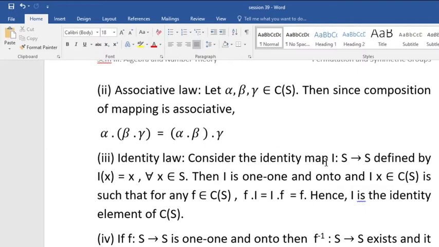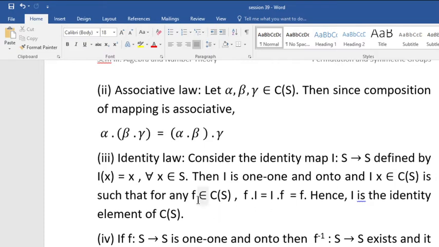Consider the identity mapping I from S to S. It is defined by I(x) = x for all x belonging to S. Since it is an identity mapping, x is mapped with x itself. And we know that the identity mapping is clearly 1-1 and onto, and I belongs to C(S).